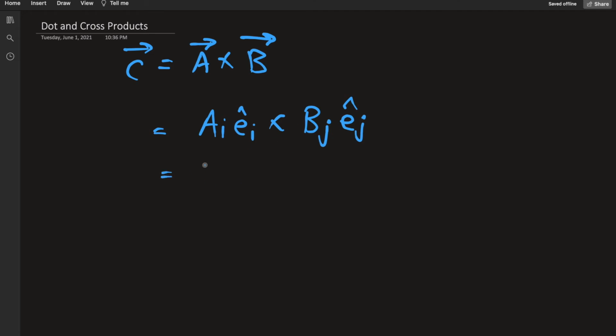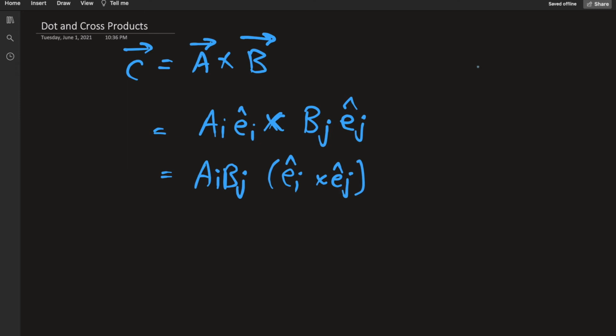Well, pull the scalars out like we did with the dot product: e_i hat crossed with e_j hat. Well, now we need to do a little more work, because a cross product is a little more complicated than a dot product. And let's see what happens.